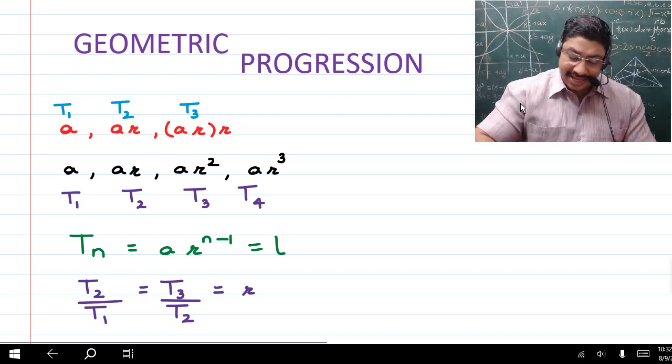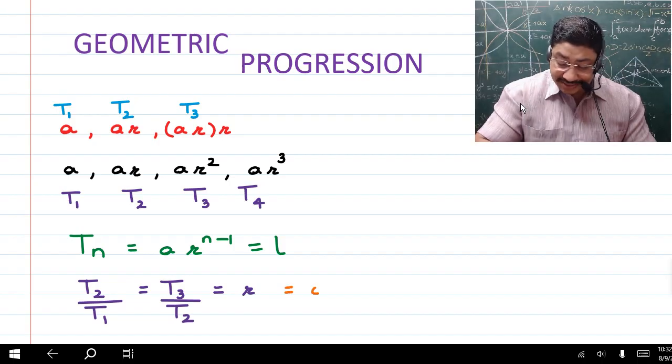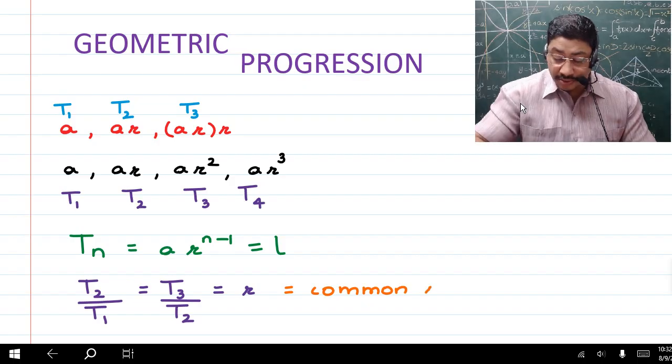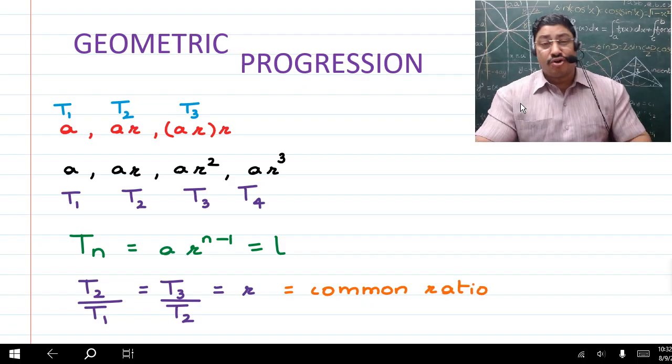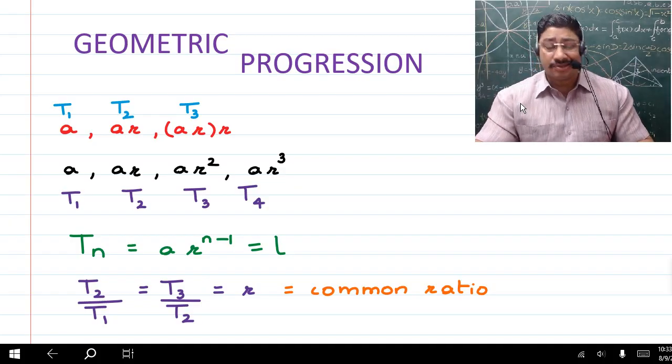So here at this time I will be writing what this r is. This is actually what? This is the common ratio. Yeah, you are very correct. If we talk about the arithmetic progression, it was the common difference, and now here it is the common ratio.